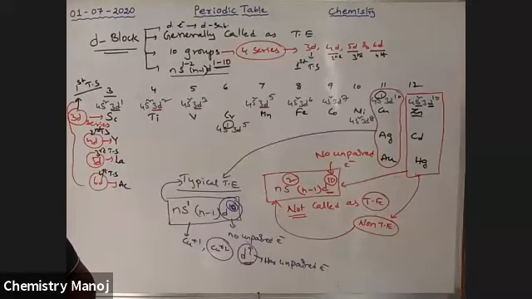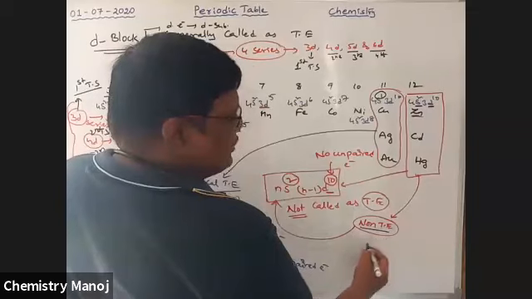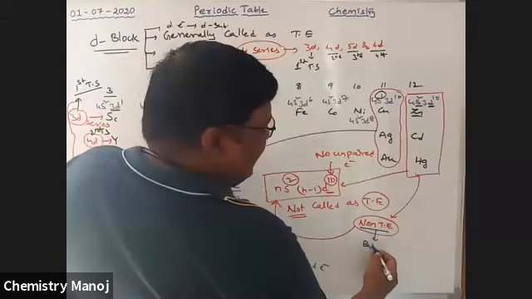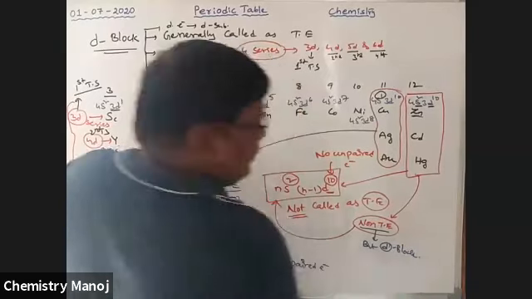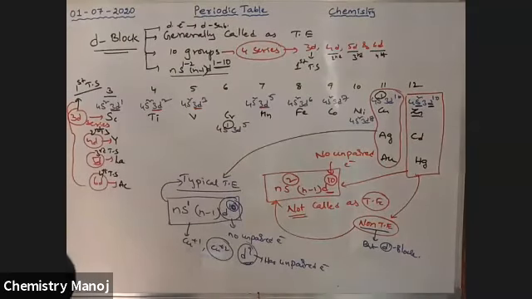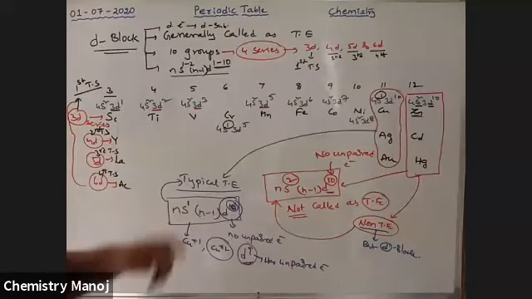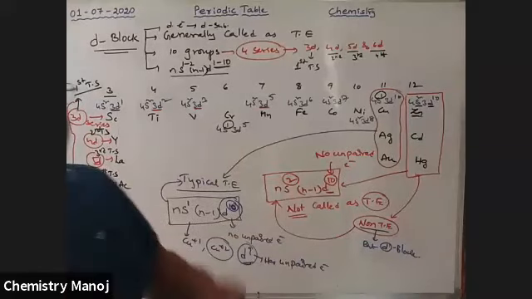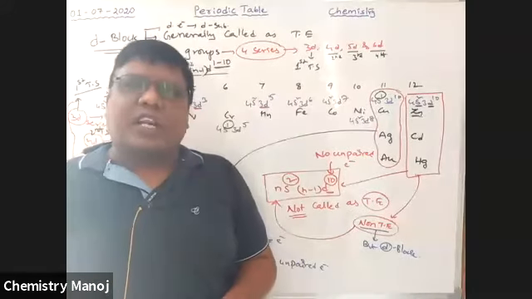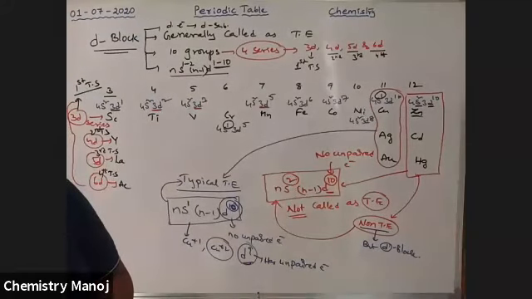That means zinc, cadmium, mercury are non-transition elements, but these are d block elements. Generally, d block elements are called transition elements. In particular, zinc, cadmium, mercury are called non-transition elements.